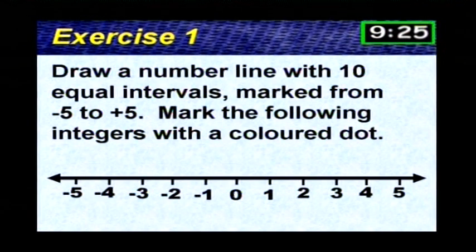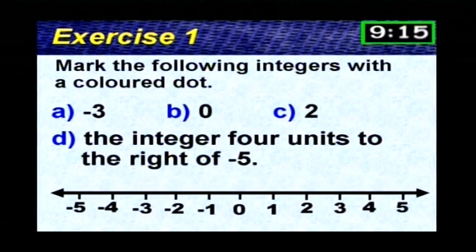Mark the following integers with a colored dot. So if you have highlighters or markers with you, you mark the plots on. The activities will be shown on the PowerPoint. I have made it easier for you by preparing the number lines. So you have 2 exercises to be done on those 2 number lines, exercise 1 and exercise 2. For exercise 1, you are given only 2 minutes to plot the numbers on.